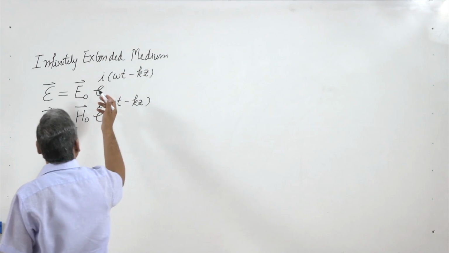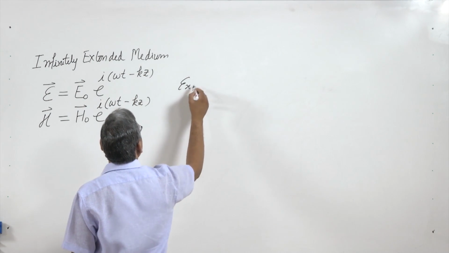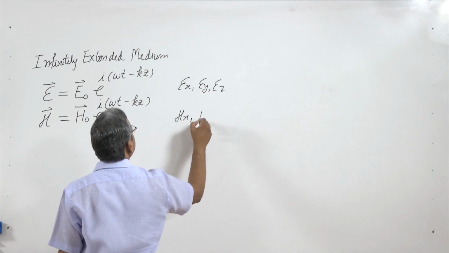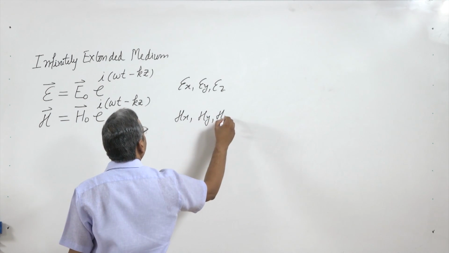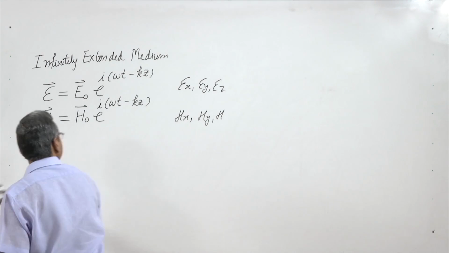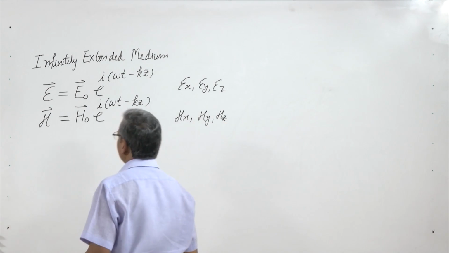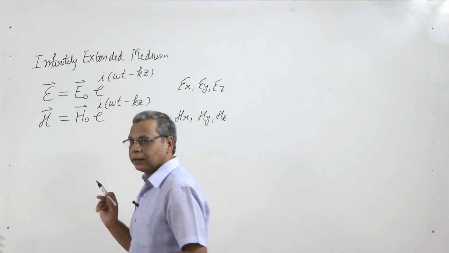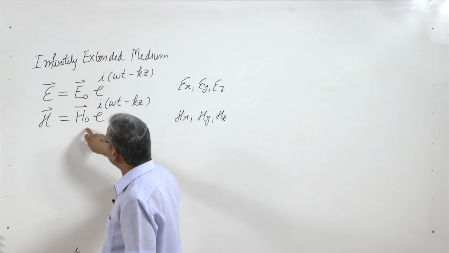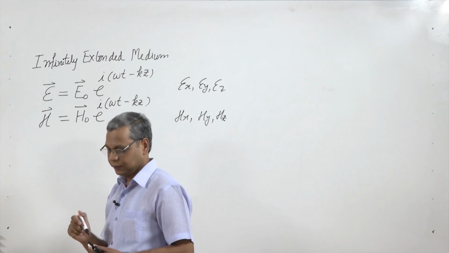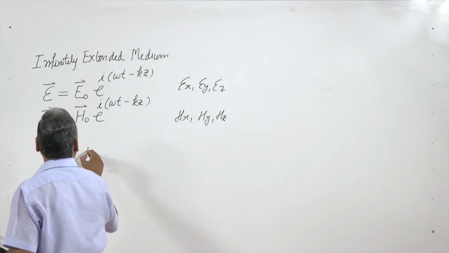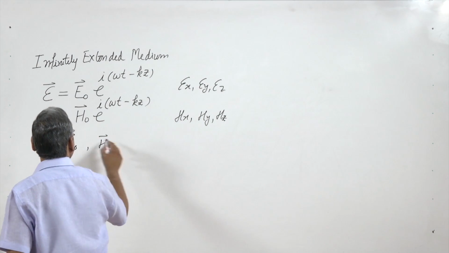So, they have components Ex, Ey, Ez, Hx, Hy, Hz. And the point to be noticed here was that these E0 and H0 were purely constants.